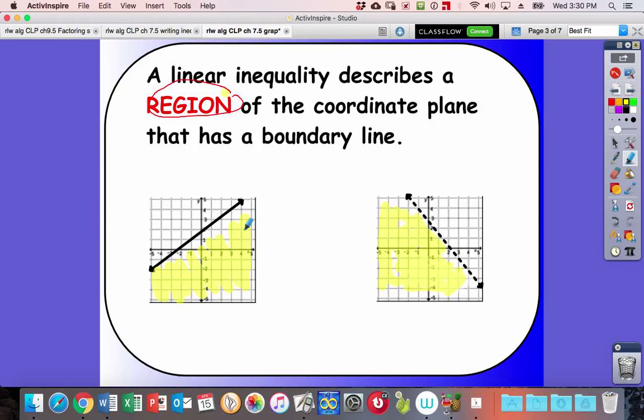What's important to know is that any coordinate point that I pick, if I pick a coordinate point right there, that point, 0, 0, would make the inequality true. Over here, since 0, 0 is shaded, that point would make the inequality true. Any point, -3, 2, that point would make the inequality true.